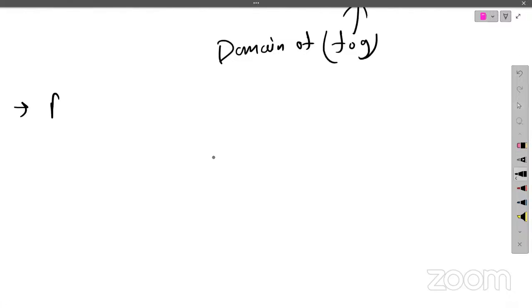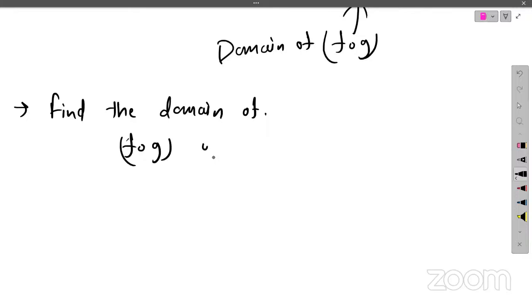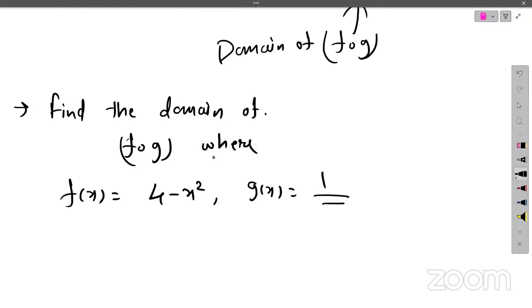Now let's try one example. Find the domain of f composite g, where we have two functions, f of x equal to 4 minus x square and g of x equal to 1 by x square. Again, I'll say, don't just find the expression and then find the domain, because it can happen that you will leave out some points.